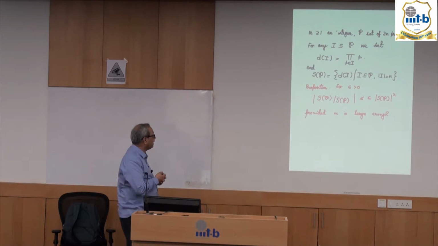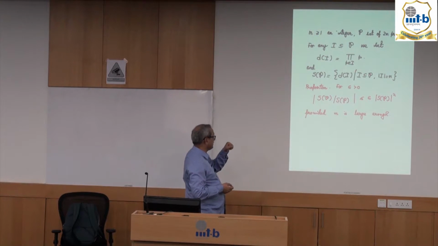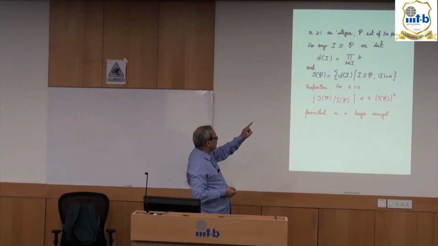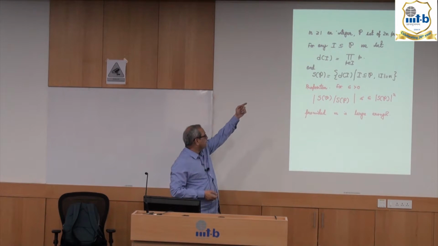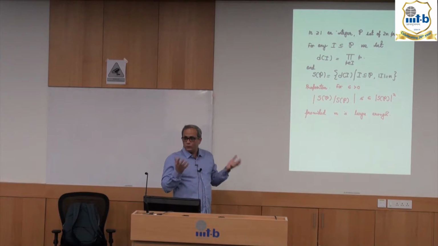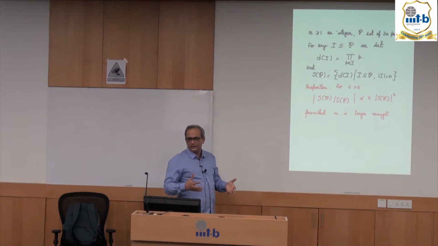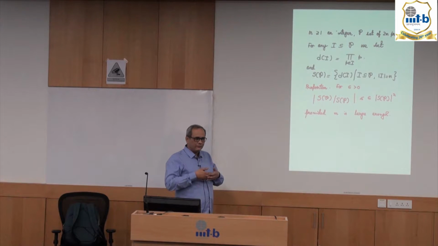Now, let S_P denote the set of all these d_I's where I varies over subsets of P of cardinality m. So P itself is a set of cardinality 2m, and then you look at all subsets which have half the cardinality, find all integers which are products of the primes in these subsets, and that is called S_P.